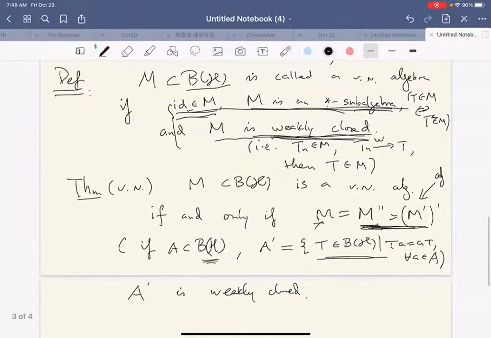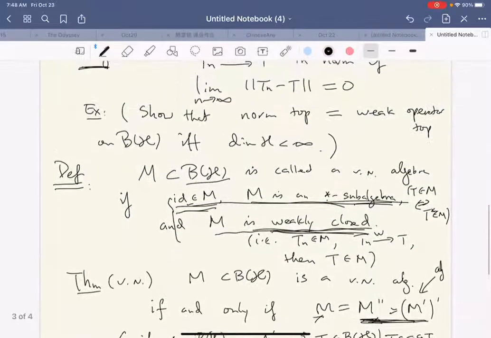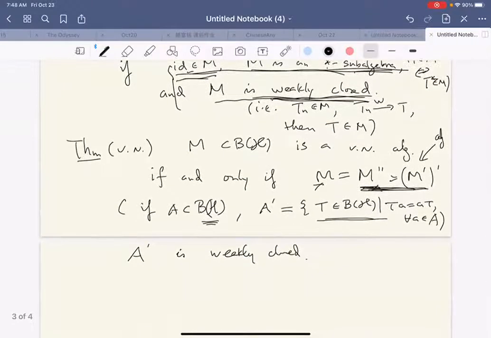So for a C star algebra, this will not be true, is that right? Yes. A C star algebra will be closed under the norm, and this wouldn't be true because the commutant introduces a lot more elements.